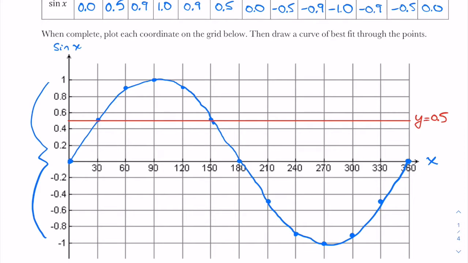And visually, where does that horizontal line cross the sine function? Well, I see two locations, one is here and the other is here. What x values do those occur at? Well, I think you'll see one of them appears to be 30 degrees, and the other one appears to be 150 degrees. That's exactly what we determined in the previous question.